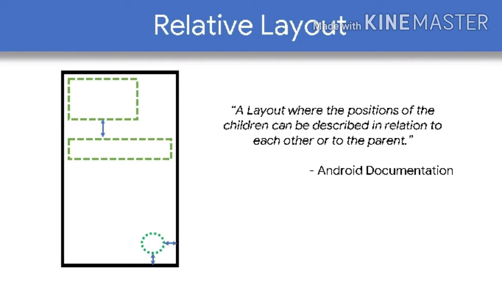So each component can be placed in relation to each other, and also towards the parent. As you can see, the two boxes are placed in relation to each other, while that floating button is placed in relation to the parent. So now let us see how to code that UI of the portfolio app using a linear layout.